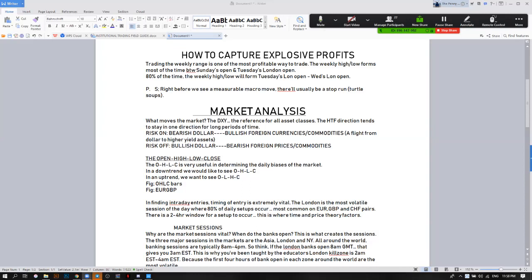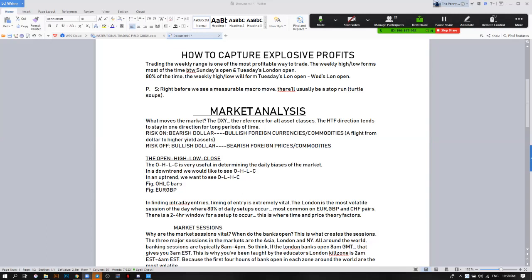Okay, now if the US dollar is bearish, it means every other currency pair paired with the US dollar is going to be bullish. Why? It means that there's a flight from the US dollar to higher yield assets. So investors are looking at foreign currencies as more profitable to invest your money into.